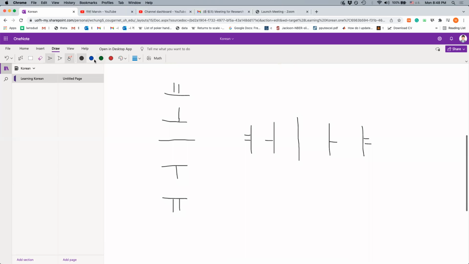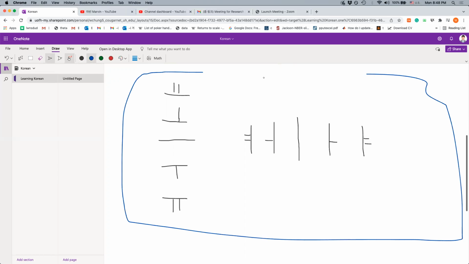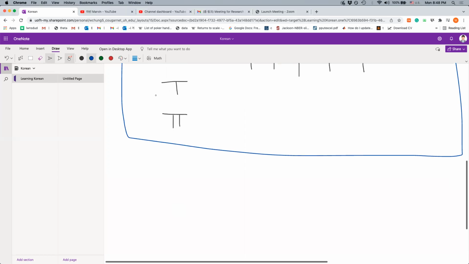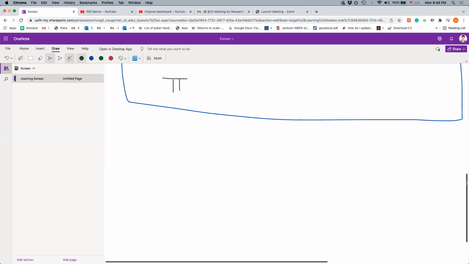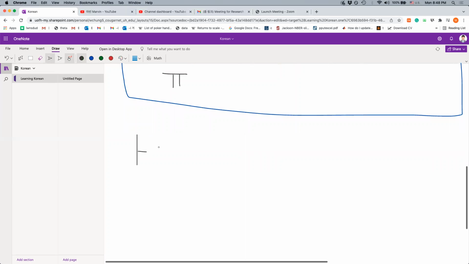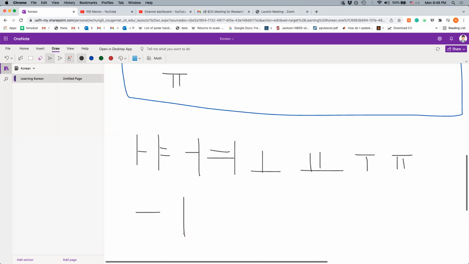These are all the vowels that I want to teach you today, which I said are basic. When you first learn Korean, what you do is a, ya, o, yo, u, yu, eu, i.